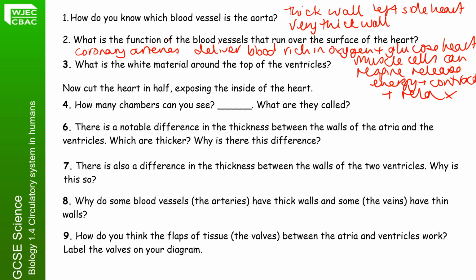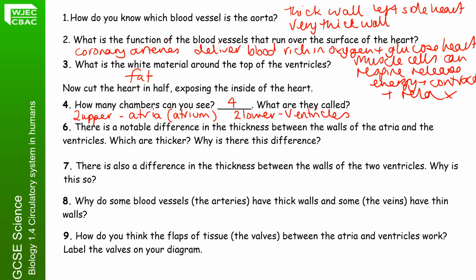What is the white material around the tops of the ventricles? That's fat. When you cut the heart in half, exposing the inside, there should be 4 chambers. What are they called? The 2 upper chambers are called the atria. One on its own, singular, is called an atrium, and the 2 lower chambers are called ventricles.